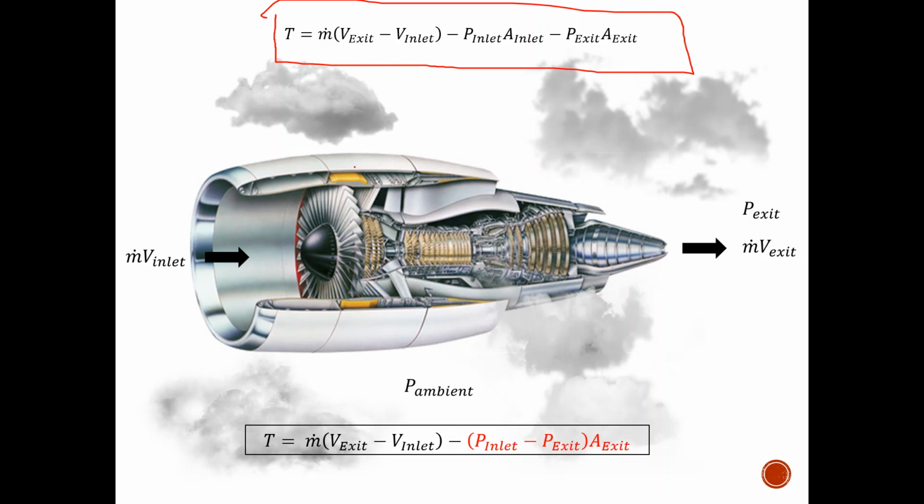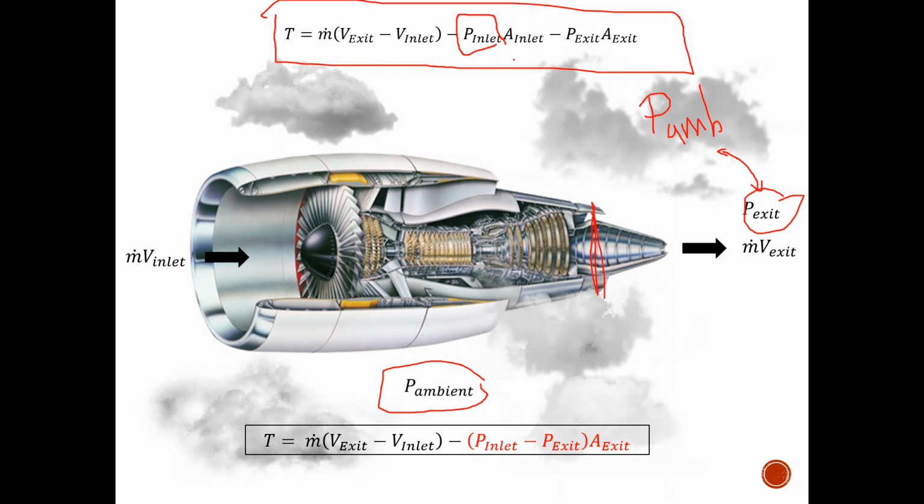If you think about what P inlet actually is, P inlet is nothing but the ambient pressure, right? That's the pressure at which the velocity is coming into the engine. Now, if you want to look at the performance of the nozzle and the engine, what's really affecting the force is the balance between the ambient pressure, which is basically P inlet, and the exit pressure, and how these two pressures act on the exit area of the engine.